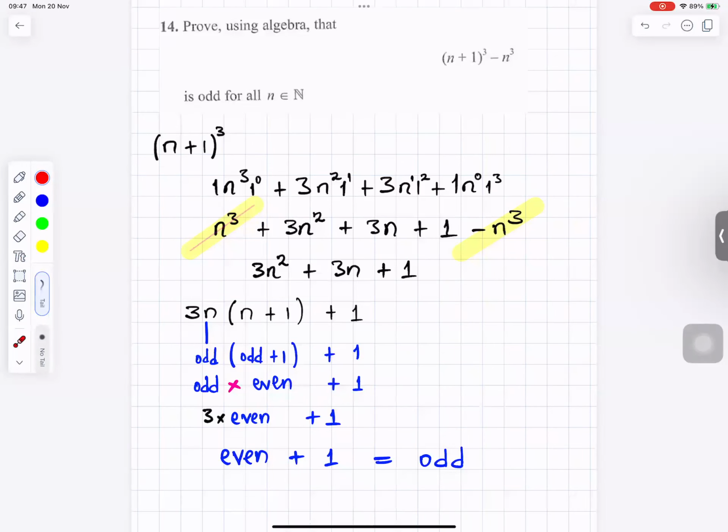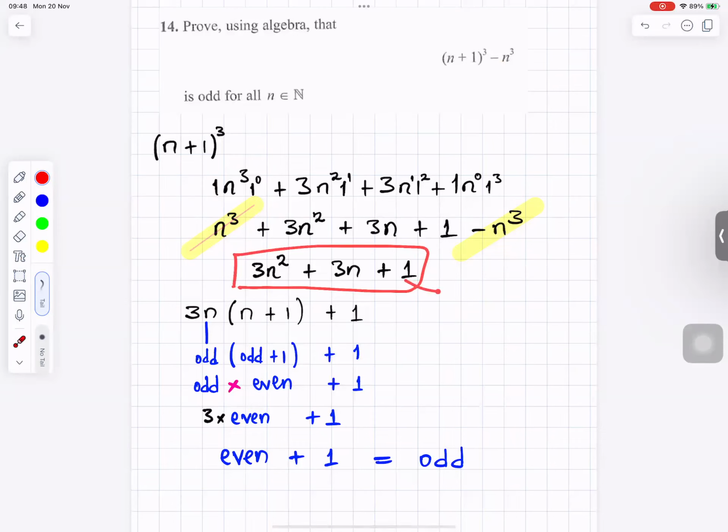Question number 14. Prove using algebra that n plus 1 cubed minus n cubed is odd for all n an element of natural numbers. So let's expand n plus 1 cubed using the binomial expansion. When you use the binomial expansion, you'll get that expression. And the n cubed minus n cubed would be 0. And you end up with this quadratic.